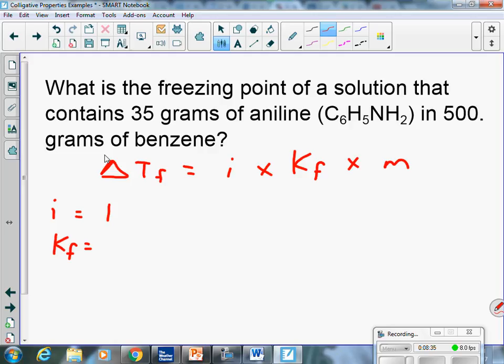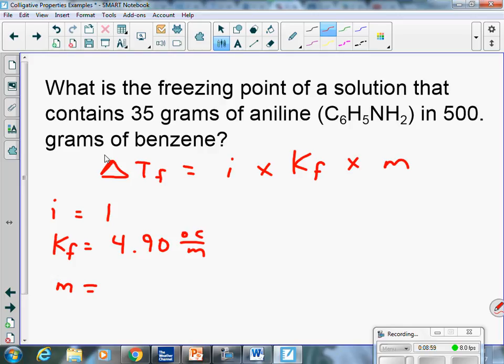So as I find my Kf for benzene, it is going to be 4.90 degrees Celsius per molal. The final point is to find the molality of the solution. Remember, molality is the moles of the solute divided by the kilograms of solvent.